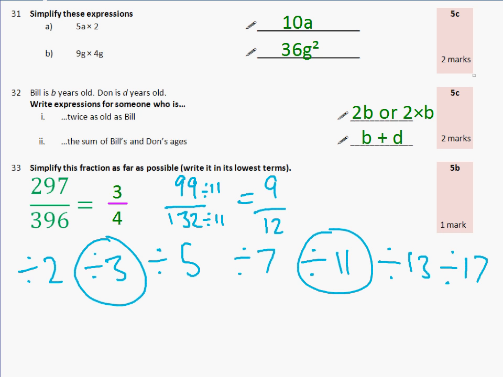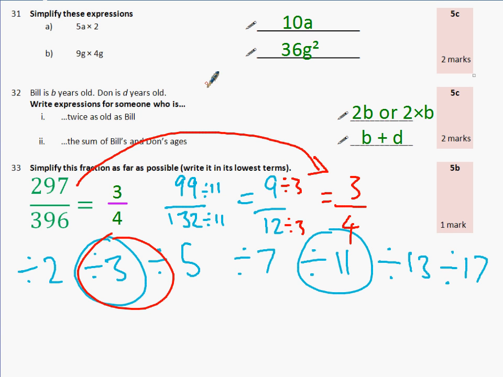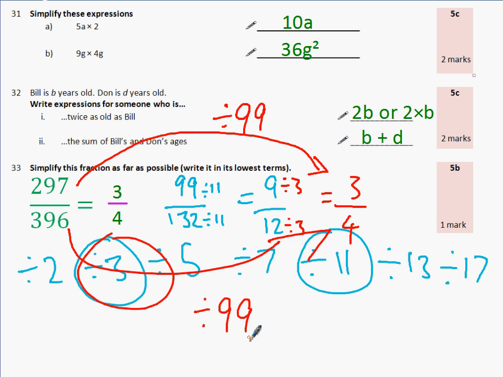What do these both divide by? They both divide by 3 as well. What do you get? 3/4. Okay, you could have done that all in one step if you had recognised that they are both in the 99 times table. So you could have divided both of them by 99 and gone straight to 3/4. Not saying it was obvious, but it's possible.